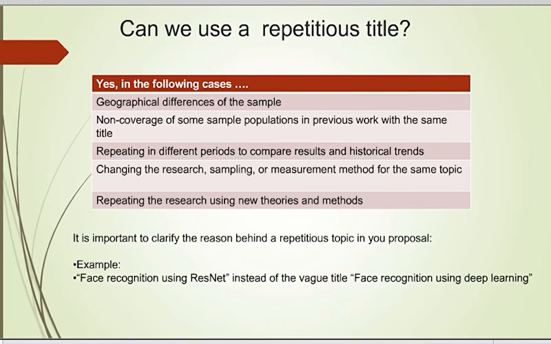Third reason, repeating in different periods to compare results and historical trends. Sometimes a research result depends on the time of the research. You look at previous work, their work has some results, but because the time has changed, in today's time the results could be different.